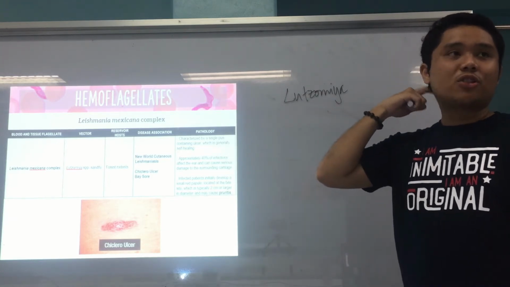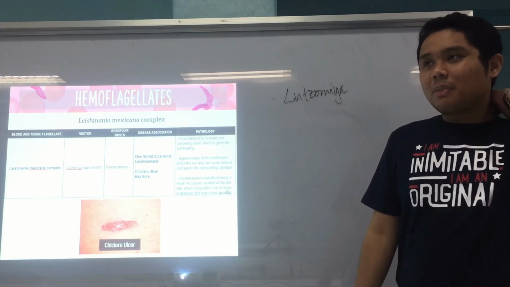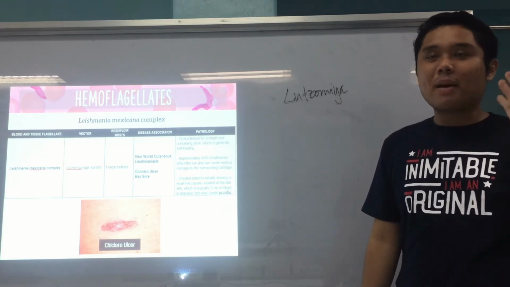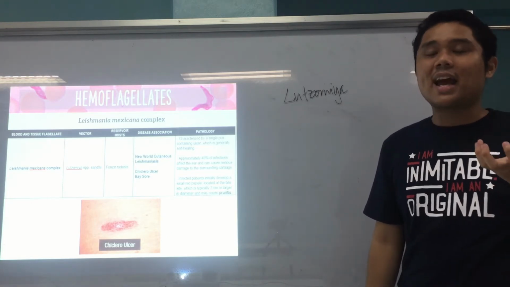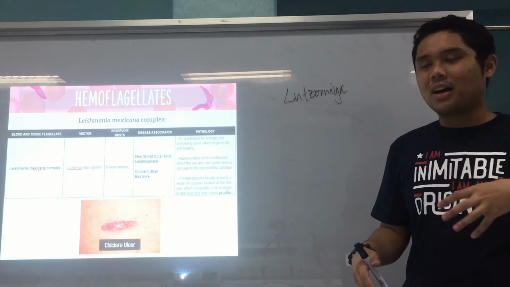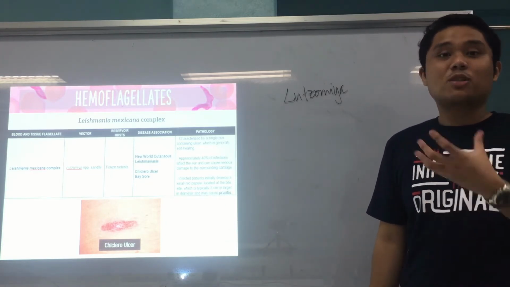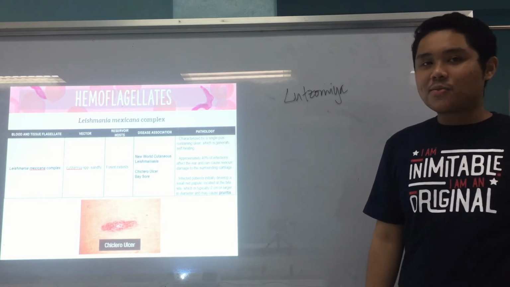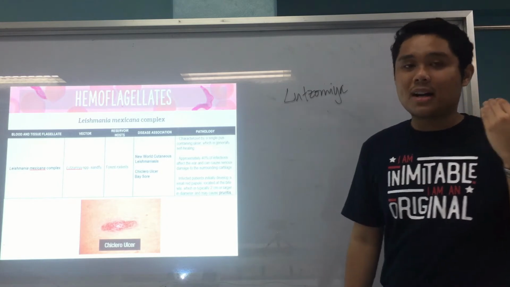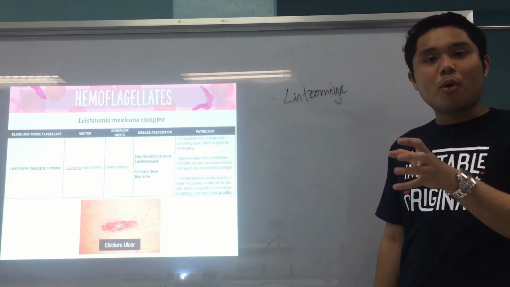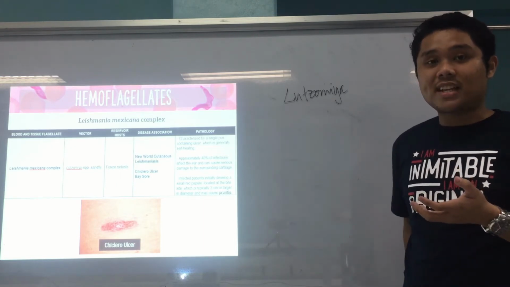As you can see, by the name itself, the disease pala, the terms are usually Mexican or South American sounding, di ba? So Braziliensis, Mexicana, Chiclero ulcer, Pian-Bois, Espundia. It's really sounding South American or Brazilian or Mexican, the names of diseases. So it points to the areas again as to which these Leishmania species can be found.